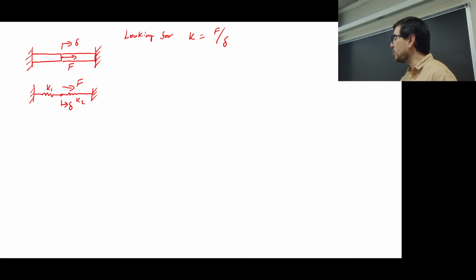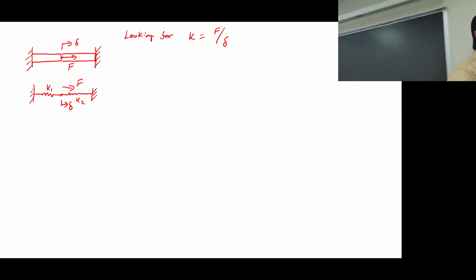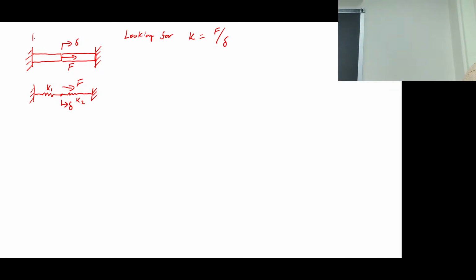The spring constants are not necessarily the same here because in this problem there was an L1 and an L2. The cross-sectional area is the same. The elastic modulus is the same. But if the lengths are different, then the spring constants are going to be different. Does that make sense?